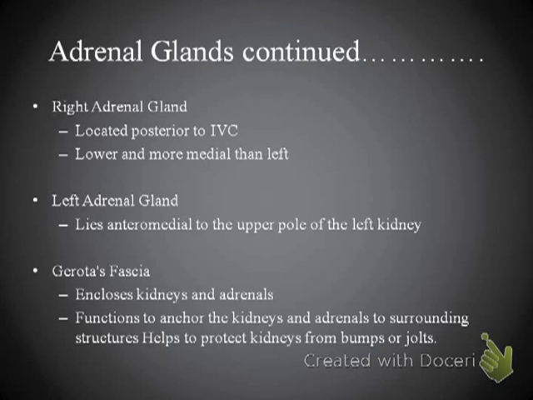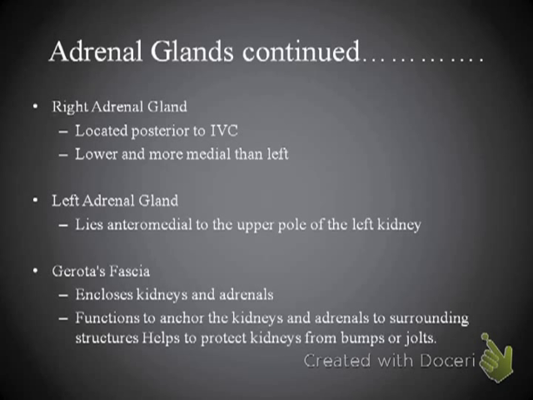The right's going to be just slightly lower. And when we think about it, the left kidney usually sits just slightly higher than the right. That makes sense if we think that the adrenal glands are situated on top of the kidneys with separation by the perirenal fat.